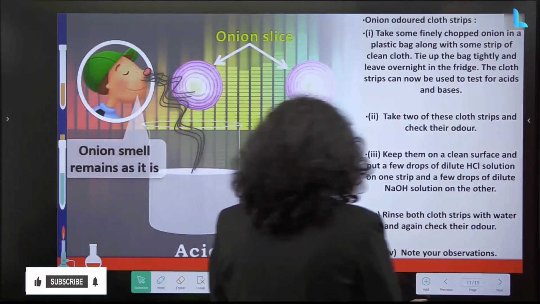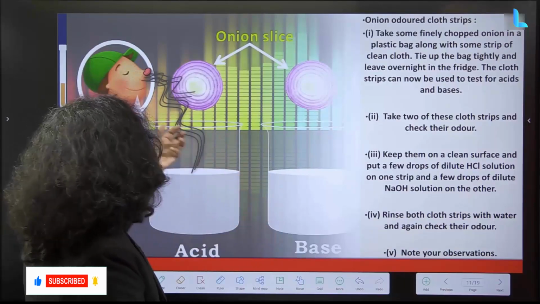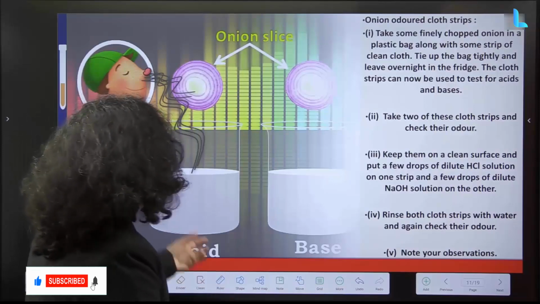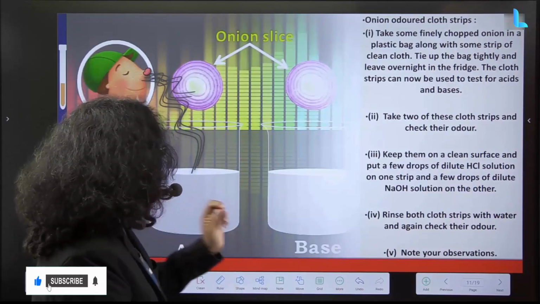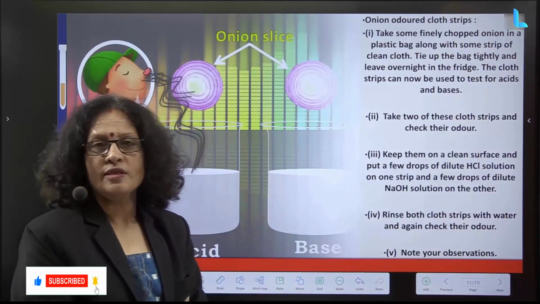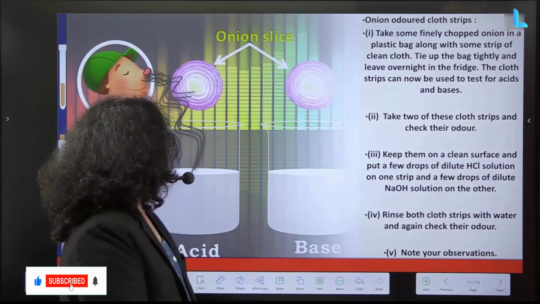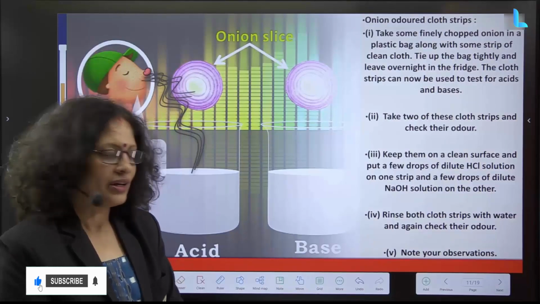That smell doesn't go very easily. Now we can say with the acid or with the base where you get the onion smell. With the acidic substance, the onion smell is observed more prominently. When we add a few drops of HCl and NaOH, with the base the onion smell is not very prominent.